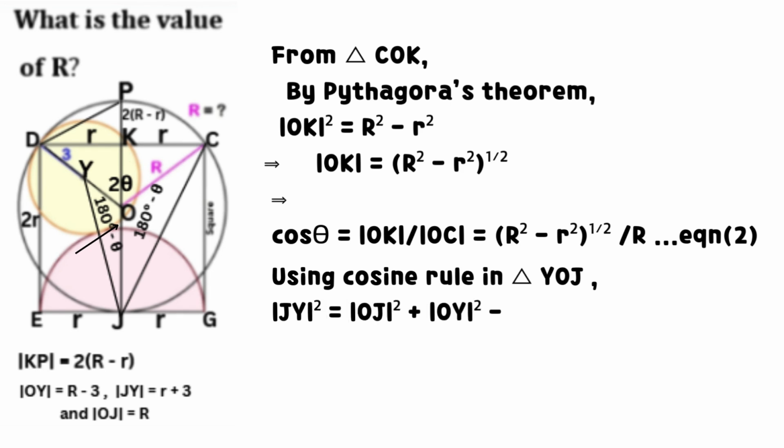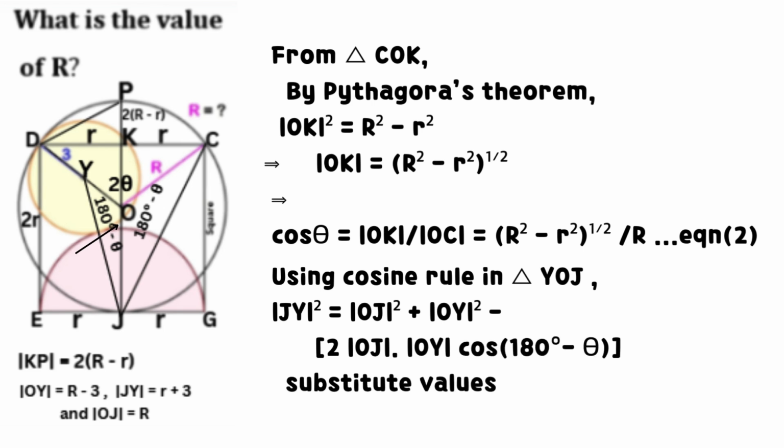Using cosine rule in triangle YOJ, the square of JY equals the sum of the square of OJ and the square of OY, minus 2 times the product of OJ and OY multiplied by cosine of 90 degrees minus theta.